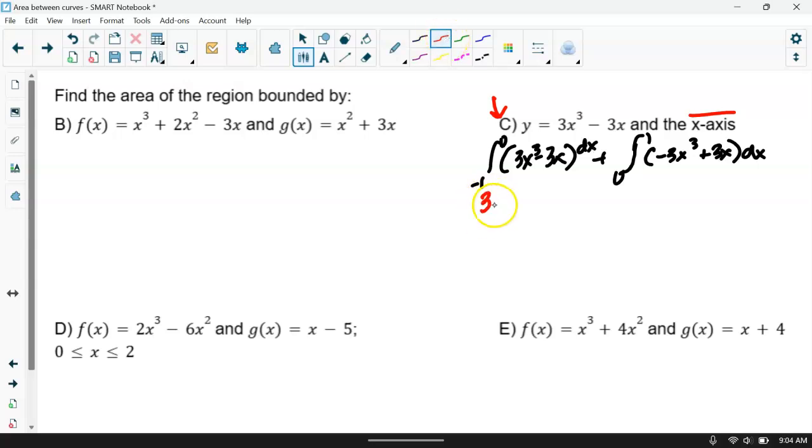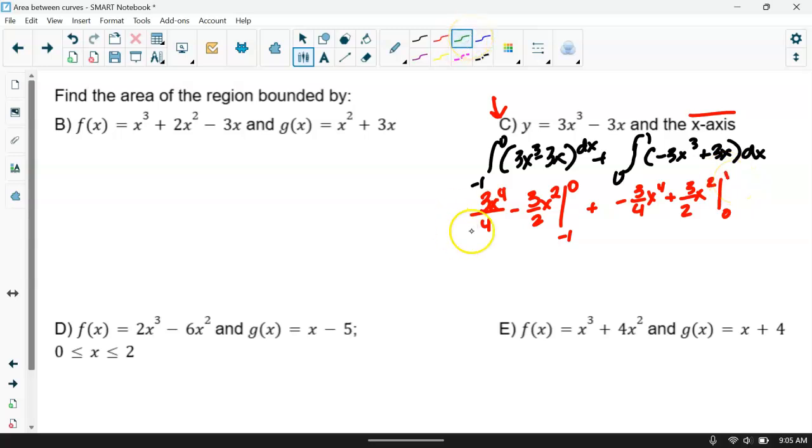So you should have 3/4 x to the 4th minus 3/2 x squared from -1 to 0, and we're going to add to that -3/4 x to the 4th plus 3/2 x squared from 0 to 1.